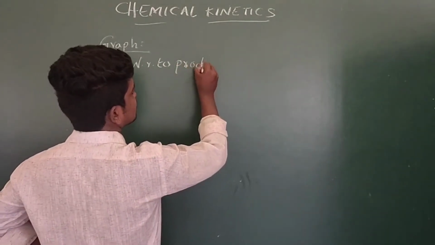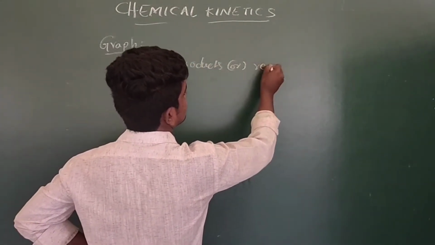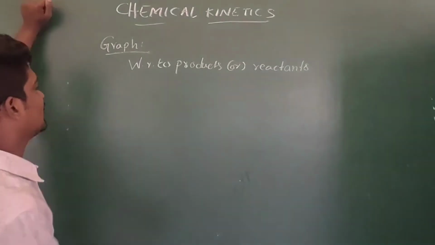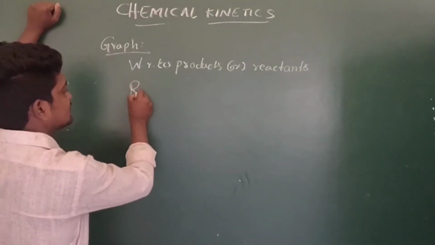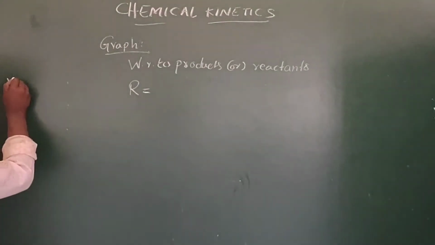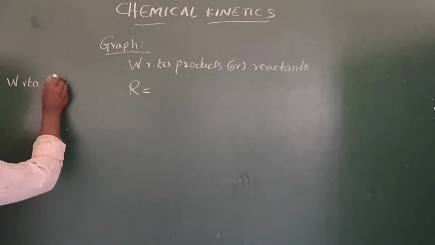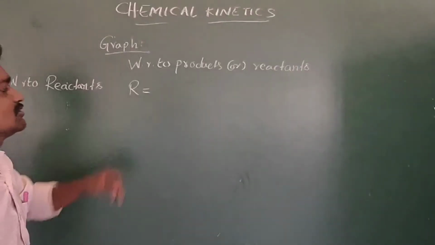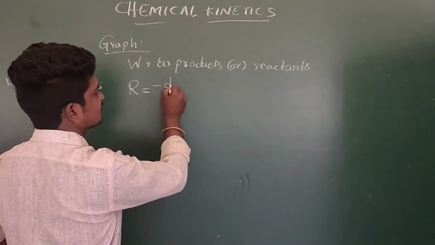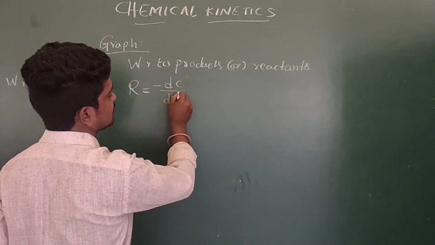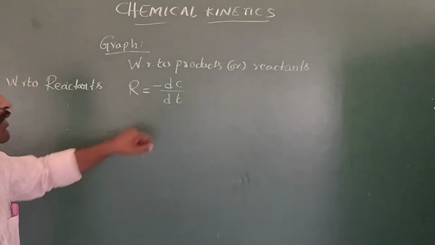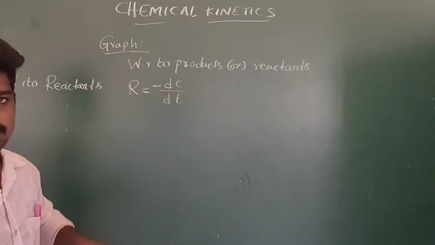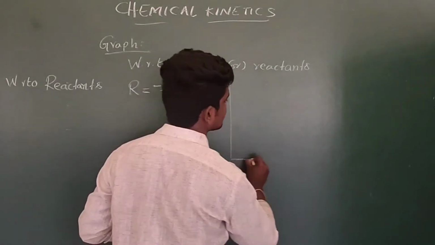Here is the graph I am drawing. First, the reactant side, where R is equal to minus delta C by delta T. Here there is a decrease, so we can show the decrease of reactants like this.